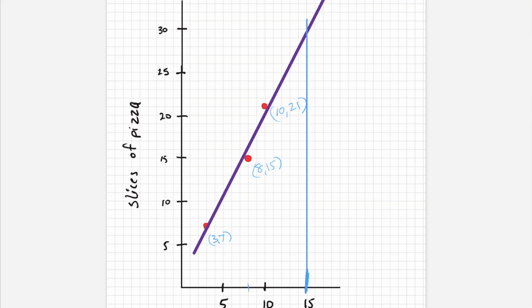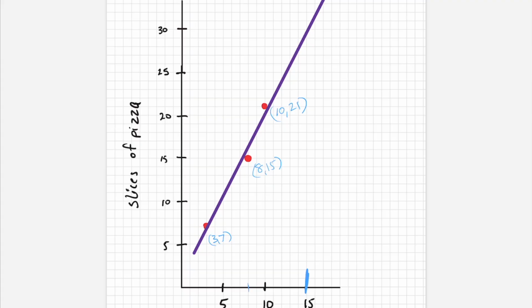And I notice that this spot intersects at about 30 pieces of pizza. So if I have 15 people over, I'm going to want about 30 slices of pizza. And this is actually what regression is: it's taking some data points and going backwards to create a line or a model that we can use.